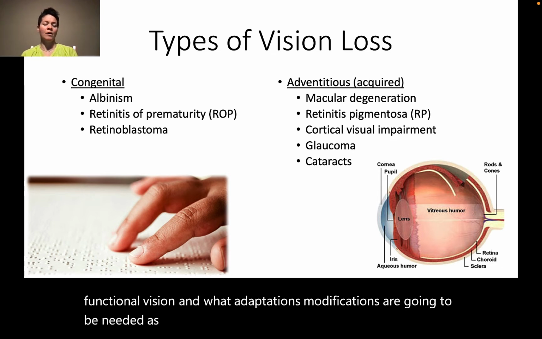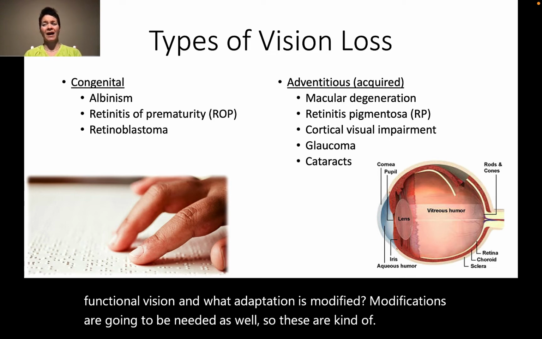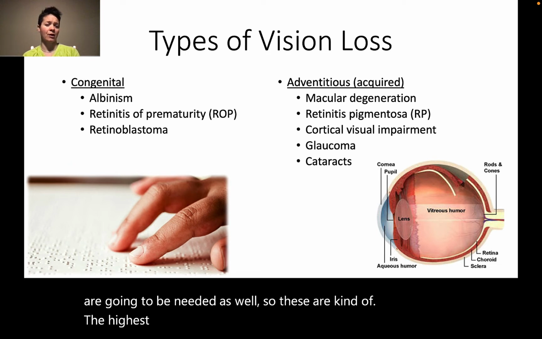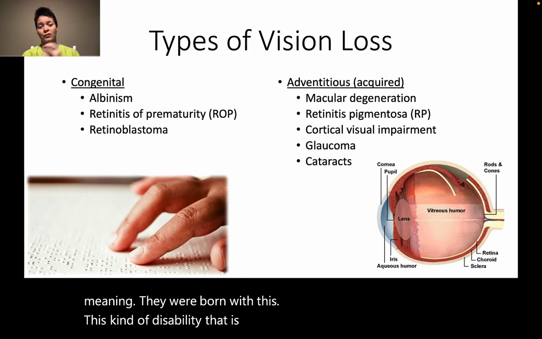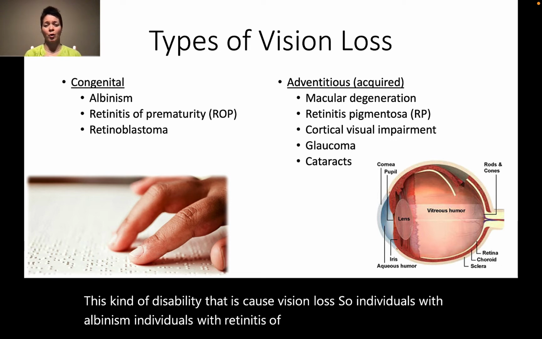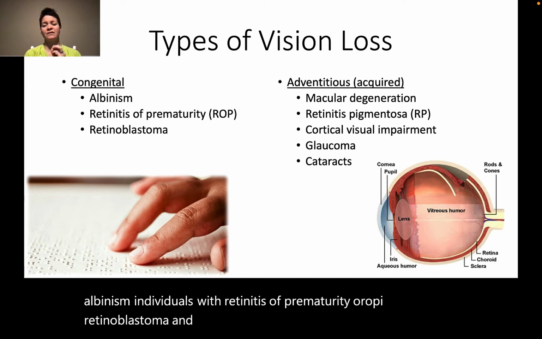So these are kind of the highest incidence ones regarding congenital, meaning they were born with this kind of disability that has caused vision loss. So individuals with albinism, individuals with retinopathy of prematurity, ROP, retinoblastoma, and then adventitious or acquired types of vision loss.